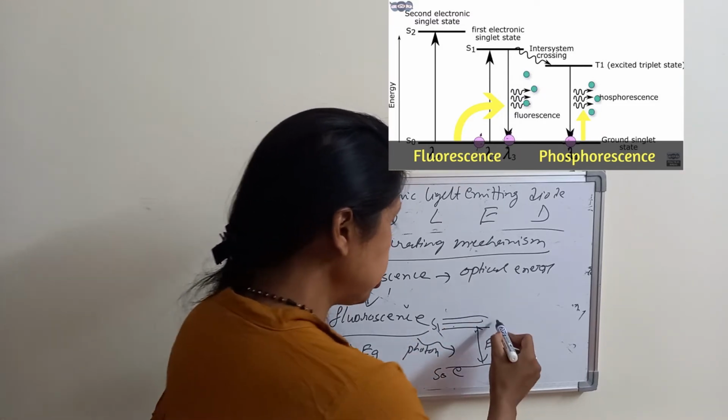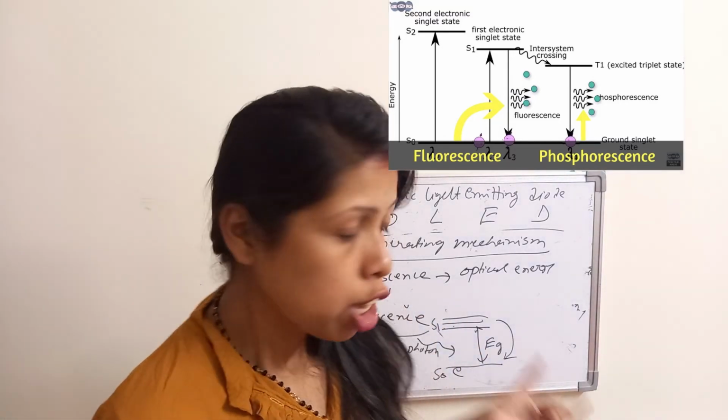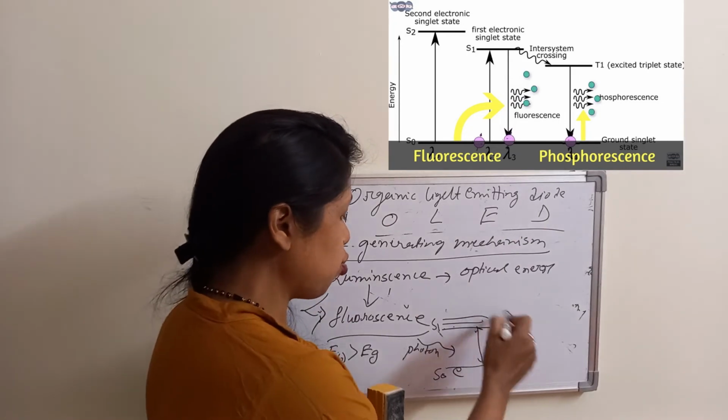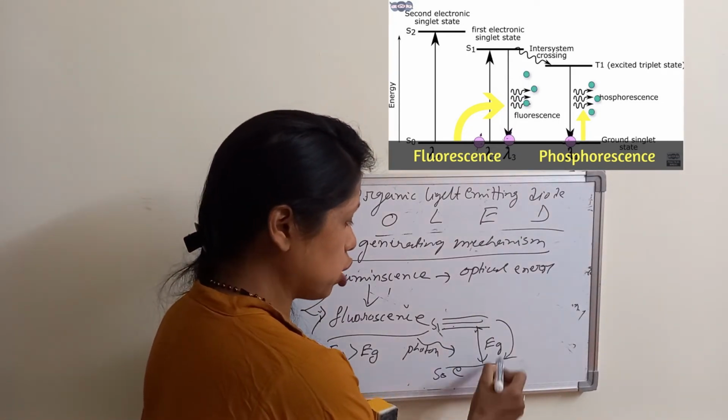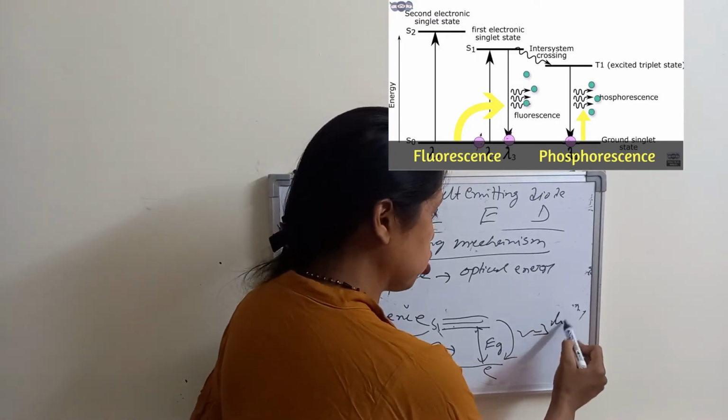After a certain time, since the process is very fast, very quickly the electron will fall down to the ground state and then emit the light.